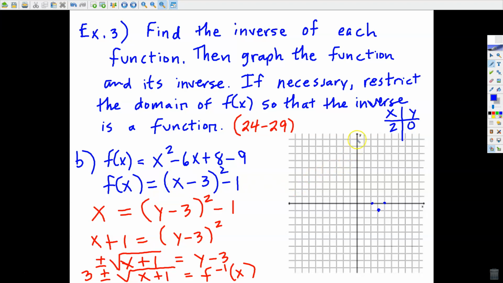Because isn't that x-coordinate for the y-intercept 0? So what if I let x be 0? I'm going to get y is 8. And since I have symmetry right here, I can match that up at that point. And you can go ahead and draw. That would be the parabola representing the original function.